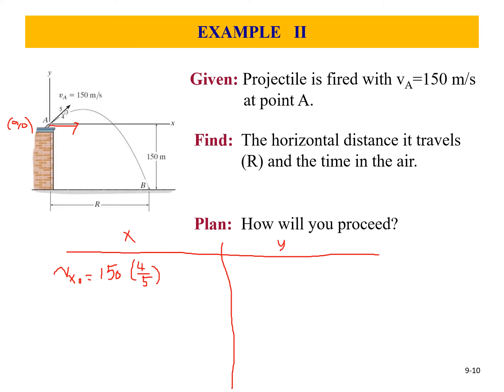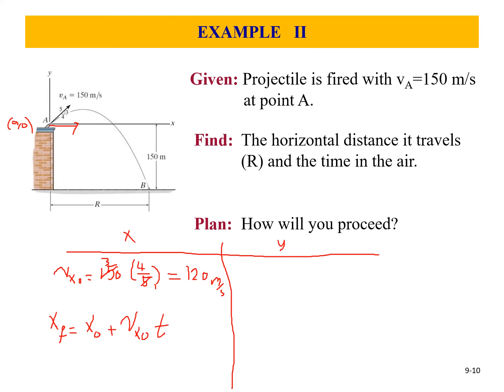Now, Vx final is the same thing. So that's 120 meters per second. That's the velocity in the x-axis. Now, the final position in the x-axis equals the initial position plus vx0 t, right?